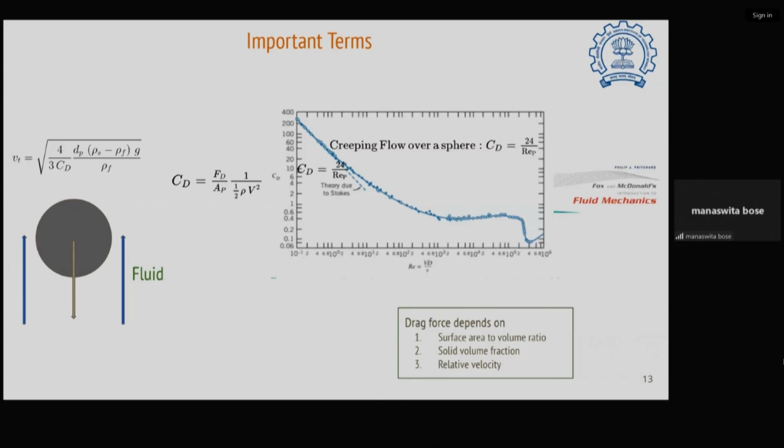Most of the drag coefficients that we are aware of are for spherical particles or cylindrical particles. They are already known. But for irregular particles, they are not known. So many times we have to do resolved simulation if we are working with irregularly shaped particles. So all that we have to remember is that drag force depends on the surface area. So if surface area to volume changes, we may have to use a proper drag correlation. This is what we have to remember when we choose the drag force term.